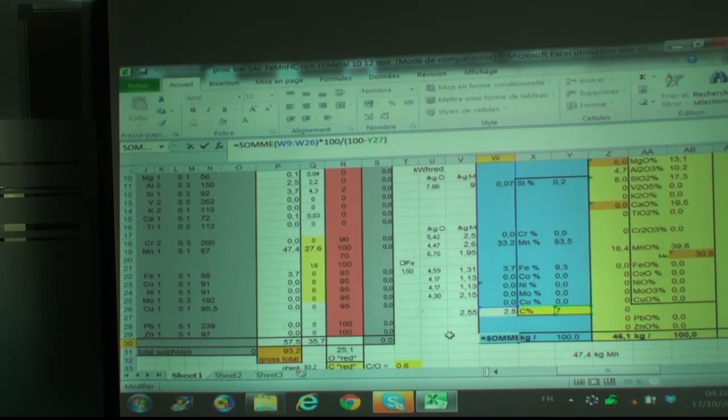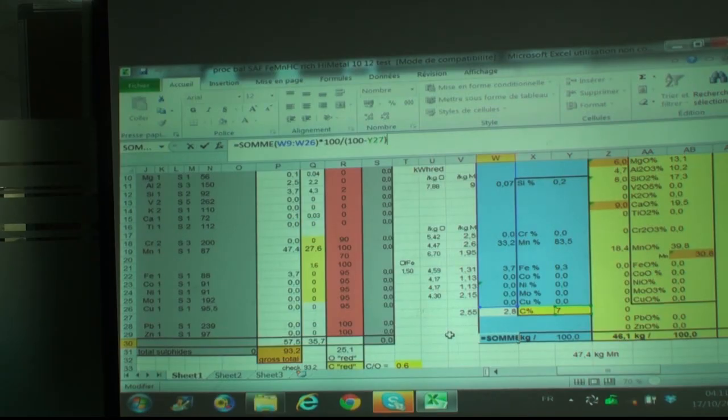How do I make the calculation? I just say that the carbon, I don't know how much kilo, but I want to have 10%. So I say these two together, 60 kilo, correspond to 100 minus 10, 90%.